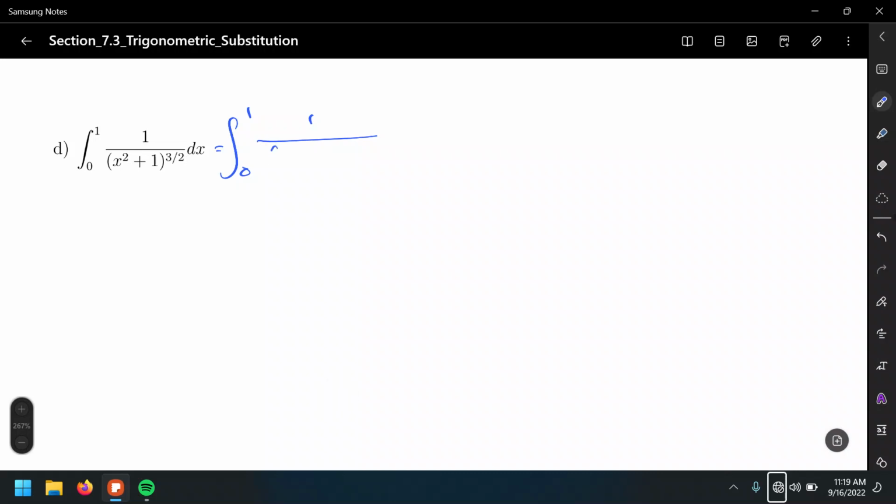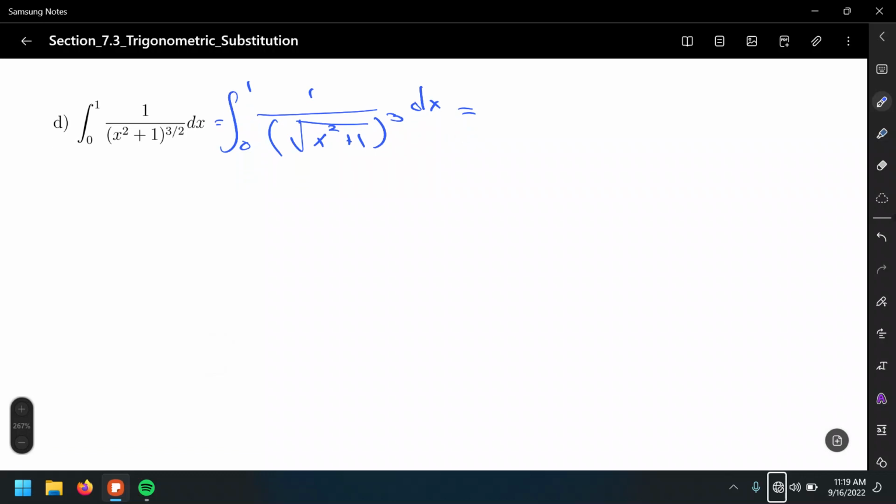That's going to be the square root of x squared plus 1, cubed, dx. Okay, now let's write this integral. I know this is going to be very simple because there are really no crazy coefficients, but just so I can follow the same steps as in the other examples.